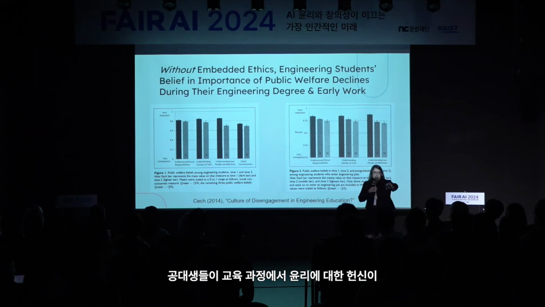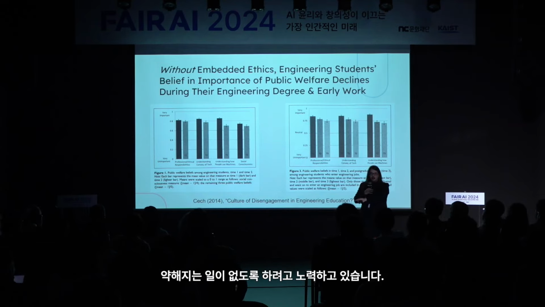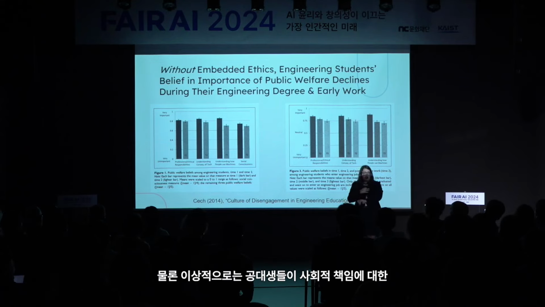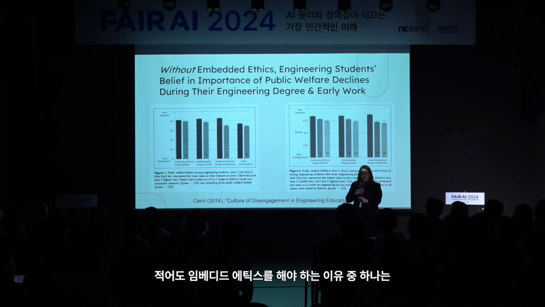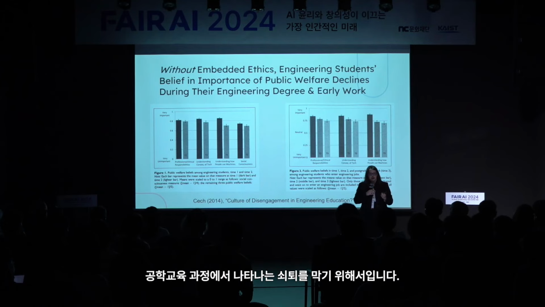We're trying to make it not the case that over the course of their education, engineering students become less committed to ethics. So ideally, of course, I hope we help engineering students be above the baseline in their commitment to social responsibility. But at the very least, one reason to do embedded ethics is to stop the decline that we see over the course of engineering education.